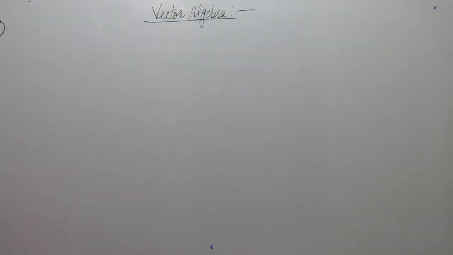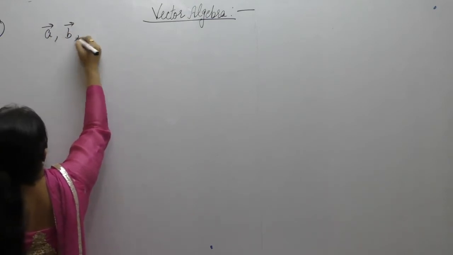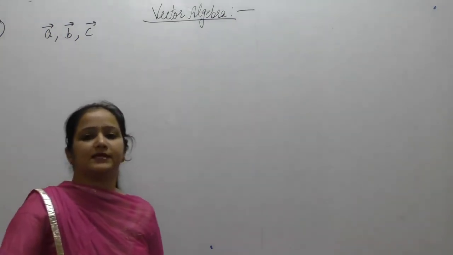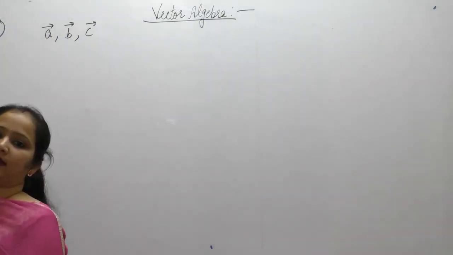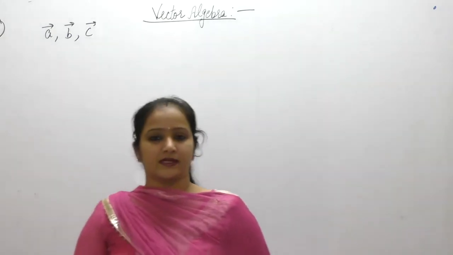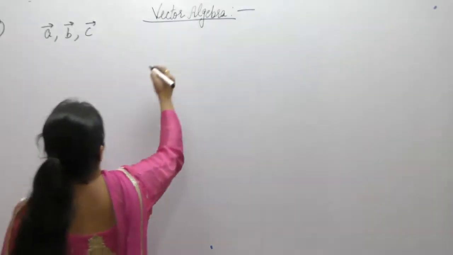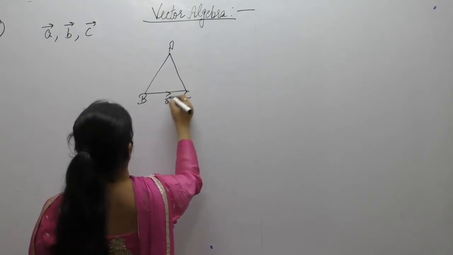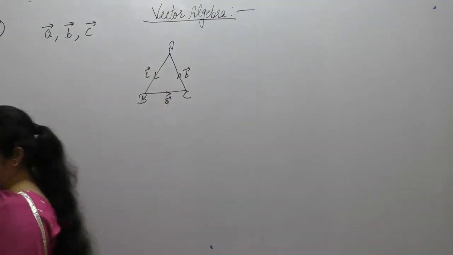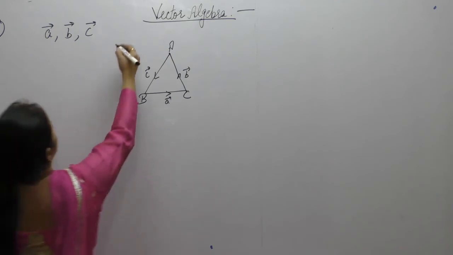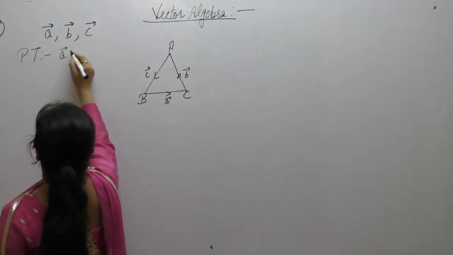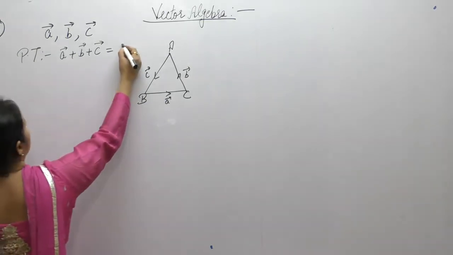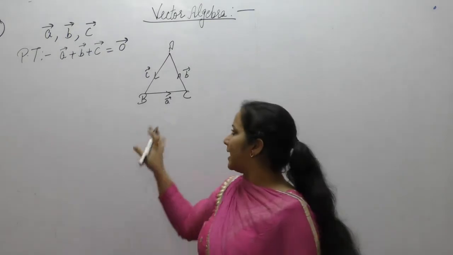Write down the statement. If A vector, B vector, C vector be the vectors represented by sides of a triangle taken in order, then prove that A vector plus B vector plus C vector is equal to 0 vector.